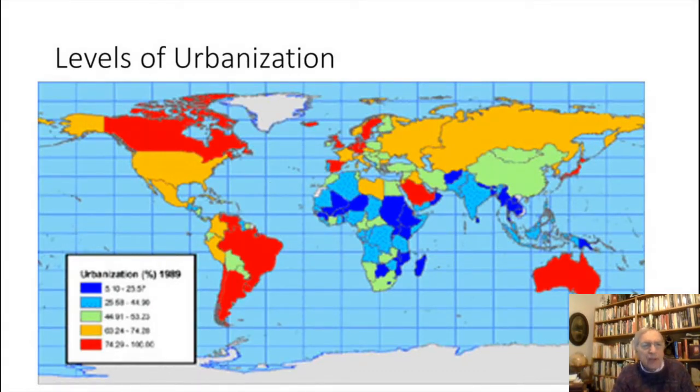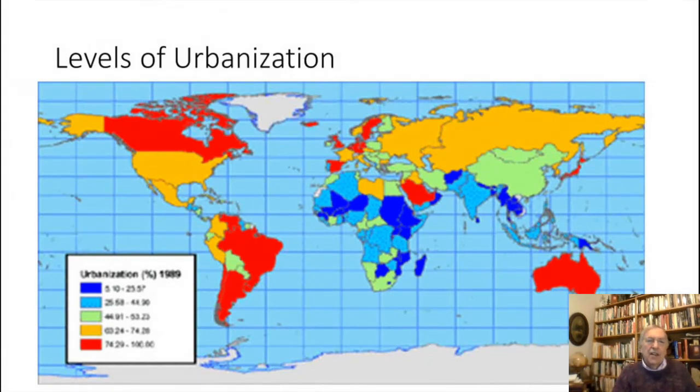This particular one goes back to 89. So actually, it kind of implies that the United States is not as urbanized. The United States is about 81 or 82% urbanized. We still have some rural population and so forth.